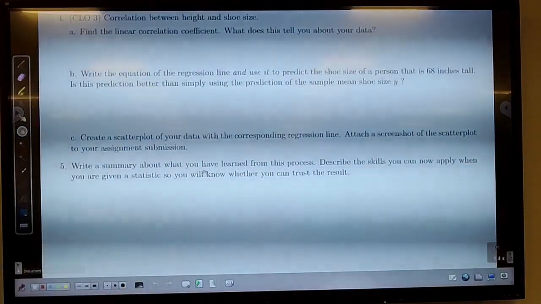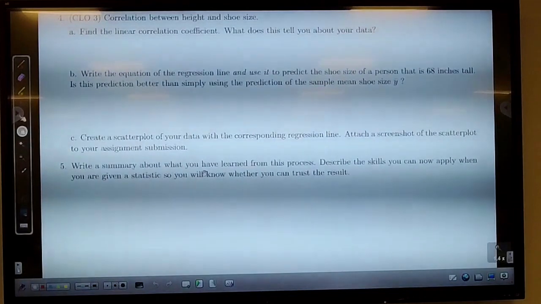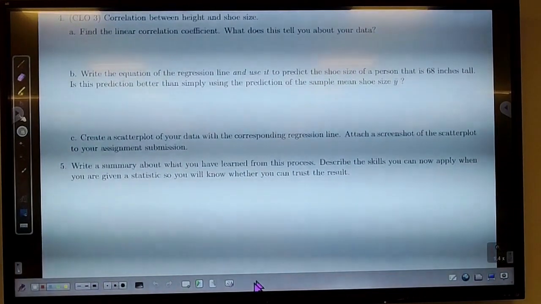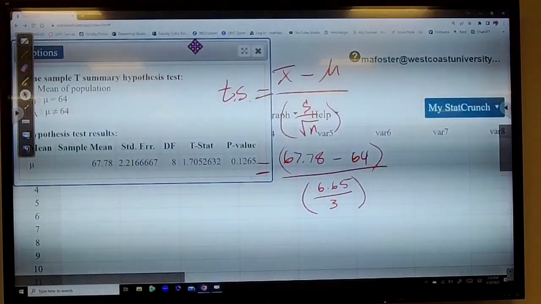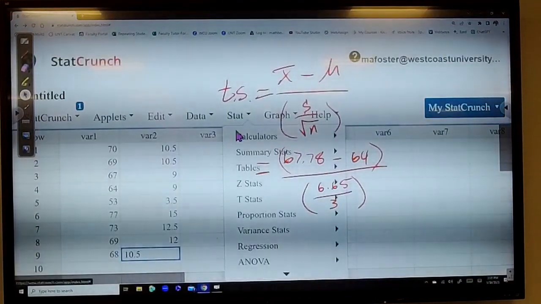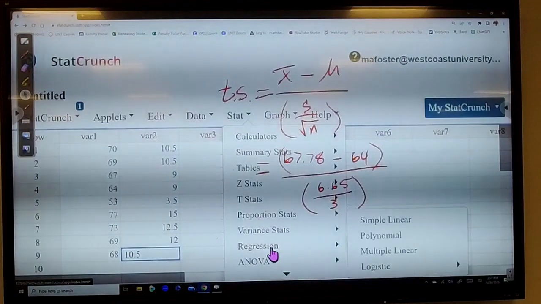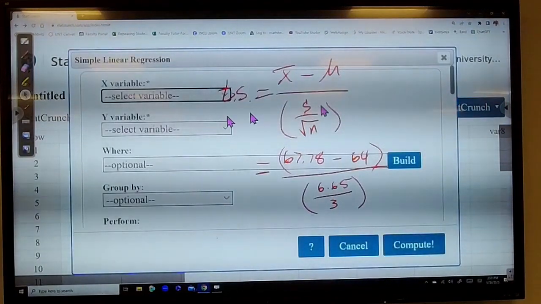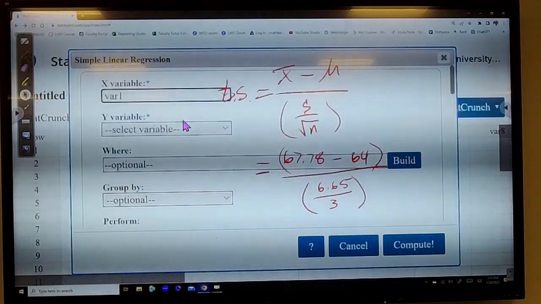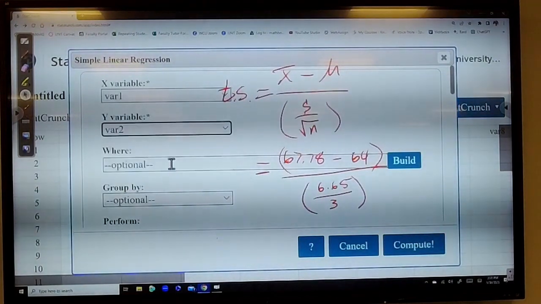Correlation. This is what we've been working up to the whole time. Find the linear correlation coefficient. What does this tell you about your data? Well, stat, regression, simple linear. X variable is the first one, the height. Y variable is the second one, the shoe size.